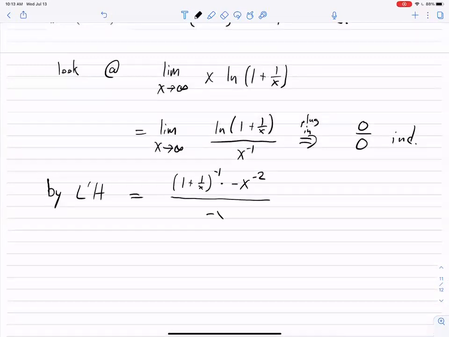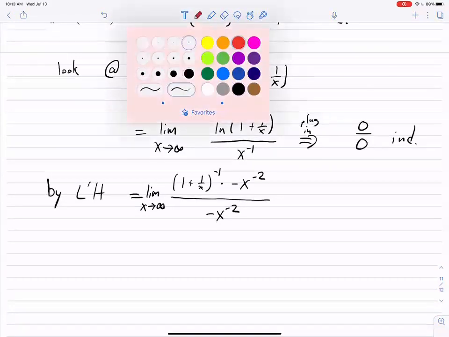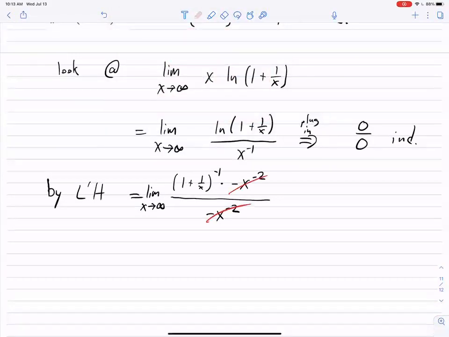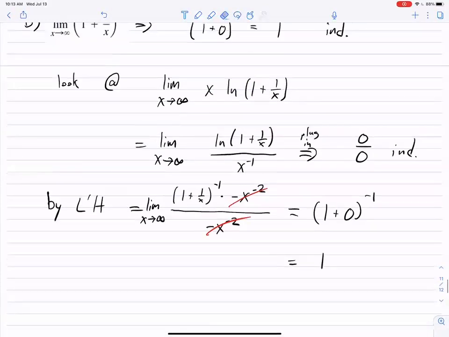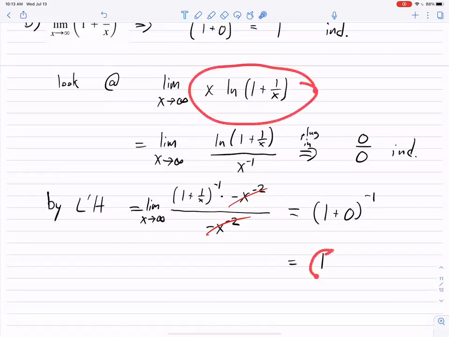And then this is negative x to the negative 2, limit as x goes to infinity. So that's nice. That will cancel with that. And so this equals the limit. If you plug in infinity, you get 1 plus 0 to the negative 1, which is just 1. And so that means the limit of the natural log of this thing is 1.